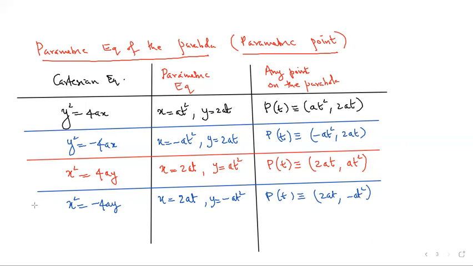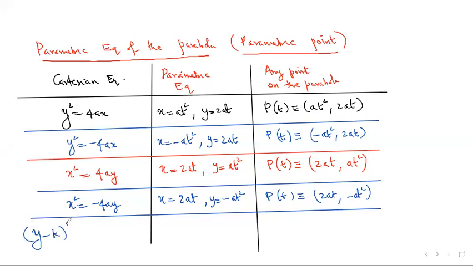Next one. This is not of much importance. Y minus k the whole square is 4a into x minus h. So x minus h will be at square. You can compare this with the first one, no? If you compare with the first one, x coordinate is at square.